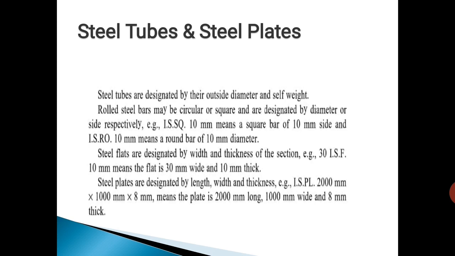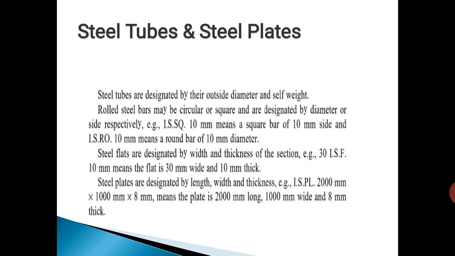For example, ISSQ is followed by the side width of the bar section, so ISSQ 10 mm means a square bar of 10 mm side, and ISRO indicates a rolled steel round bar, so 10 mm means a round bar of 10 mm diameter.